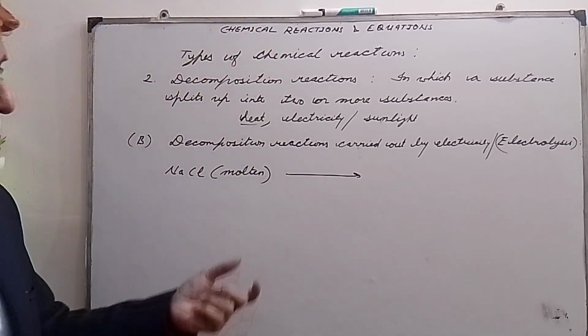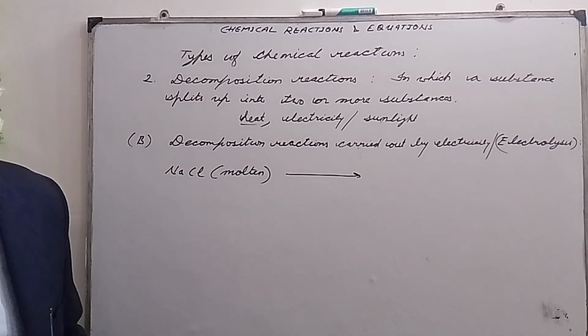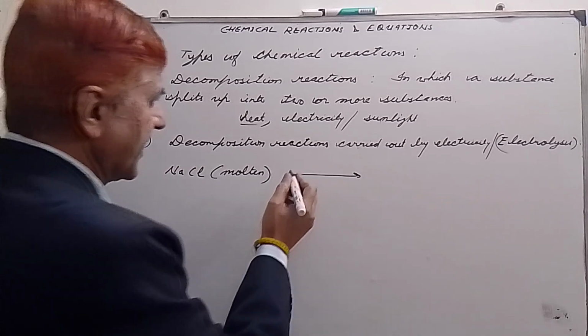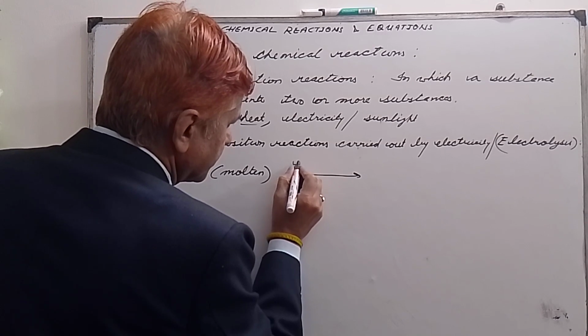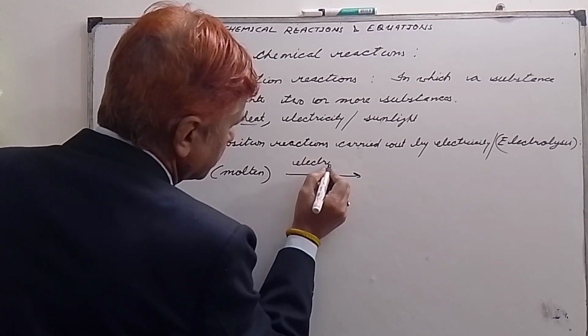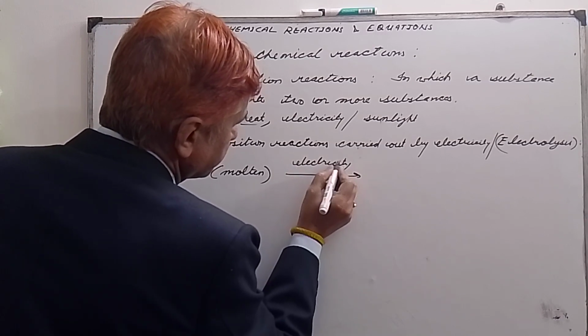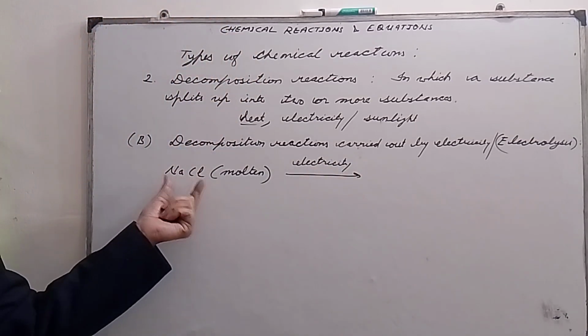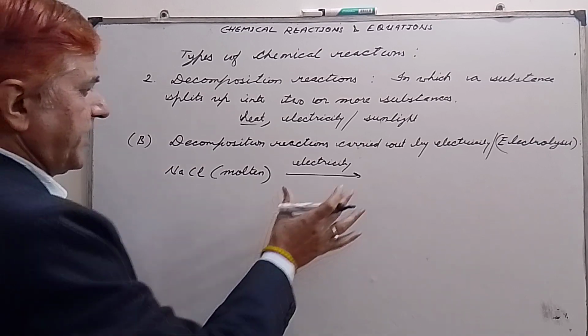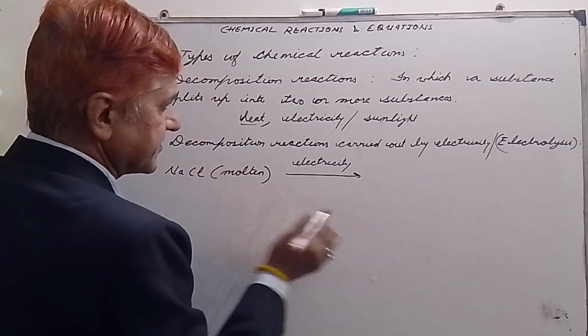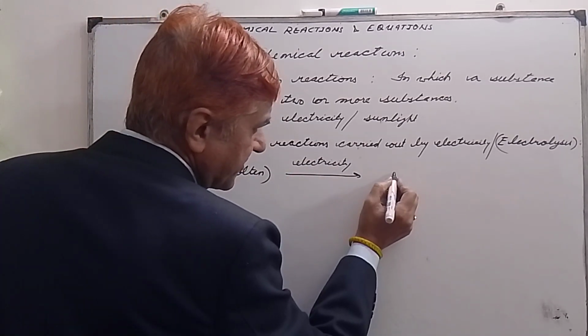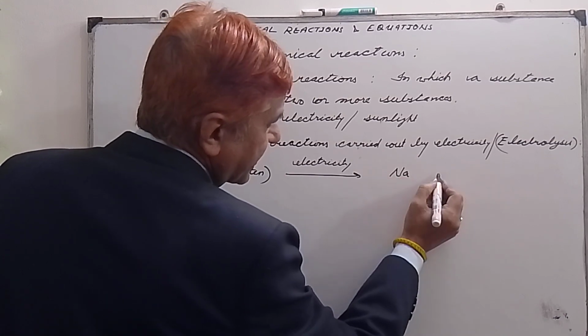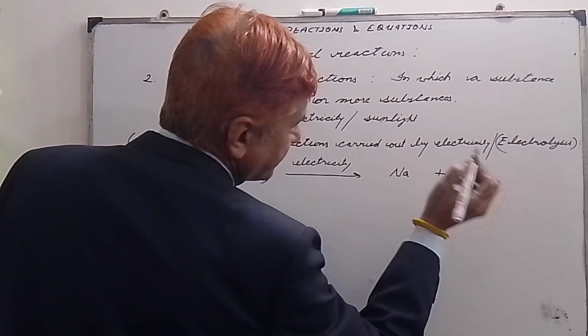We do electrolysis of this, that is by passing electricity through molten sodium chloride, and it splits up into sodium metal plus chlorine gas.